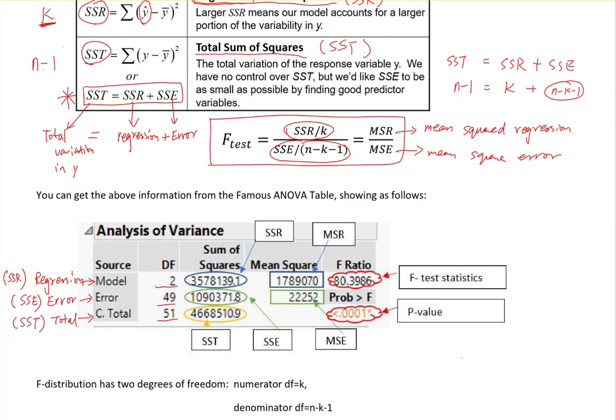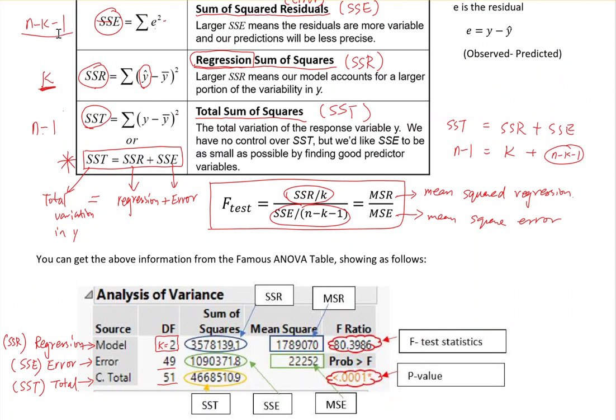The degree of freedom for the model is 2. That means this 2 is K, because the degree of freedom for SSR is K, so K equals 2. For the error, the degree of freedom is 49. That means n minus k minus 1 equals 49.